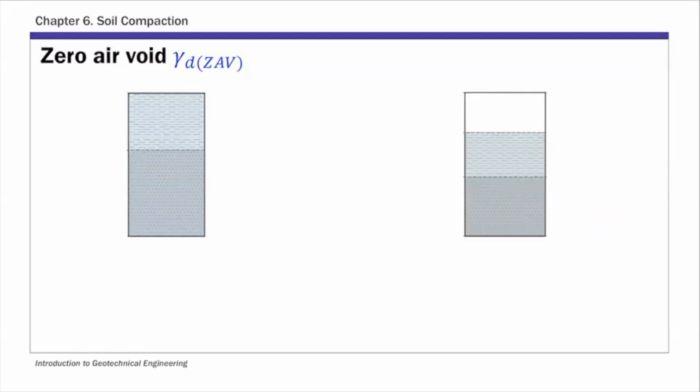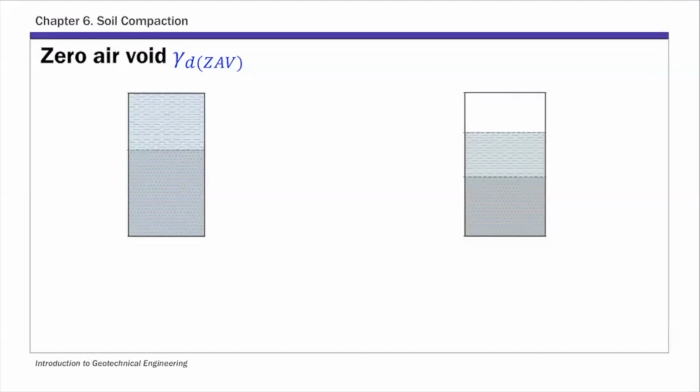So I'm showing on this slide two phase diagrams. ZAV, as I mentioned, is the unit weight corresponding to 100% degree of saturation. That's the one on the left-hand side. So the gamma D corresponding to S of 100% is gamma D ZAV. And generally your soil in the compaction test is going to be a moist soil, so that's the phase diagram on the right-hand side.